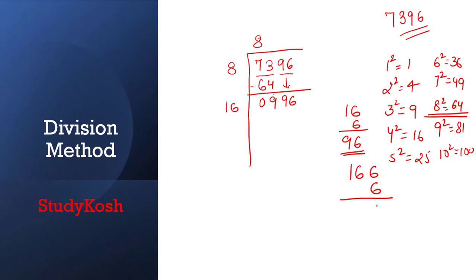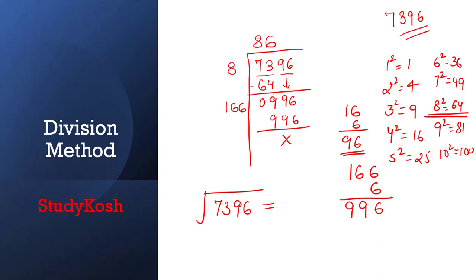So 6 times 6 is 36, 3 plus 3 is 9, here 3 carry, then 6 under 6, 996. So when we multiply 166 with 6, we'll get 996. The remainder is 0. So this is how you can find the square root of any number by the division method. So the square root of 7396 is 86.